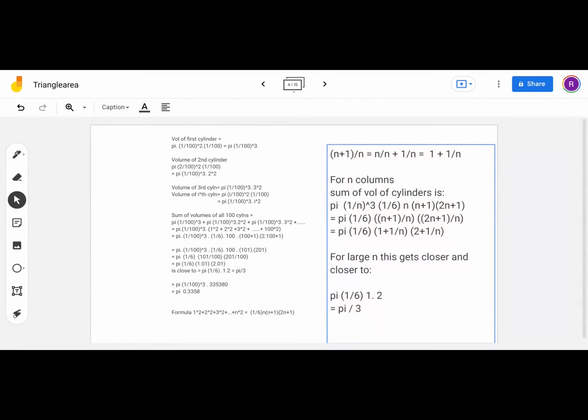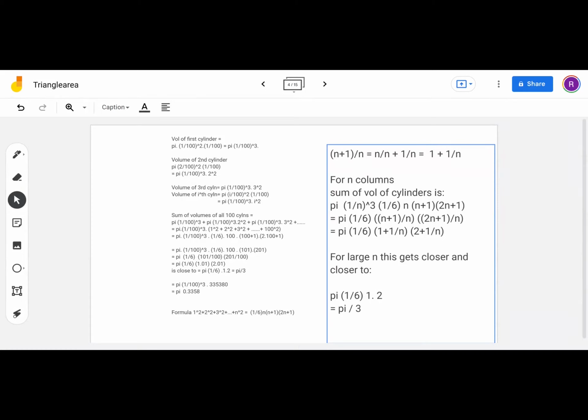Did you understand the steps? How we take the cone and divide it into small things, and then which formula? Tell me the main formula that we use. Pi into 1 by n cube into 1 by 6 n into n plus 1 into 2n plus 1.